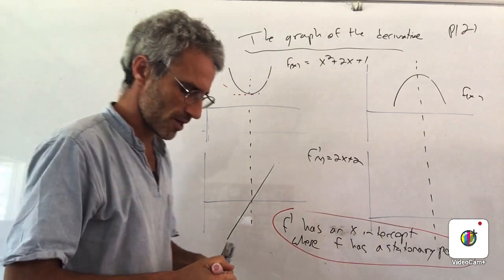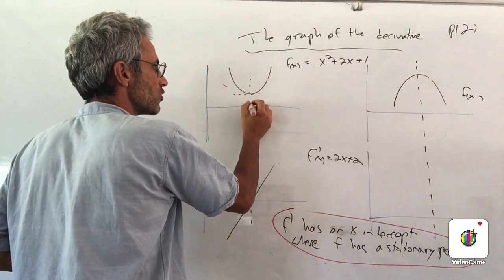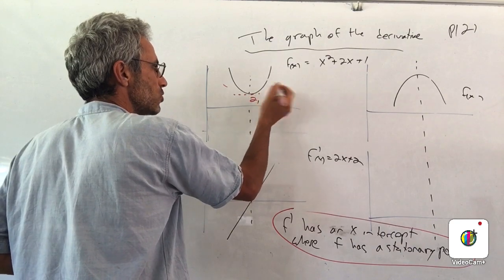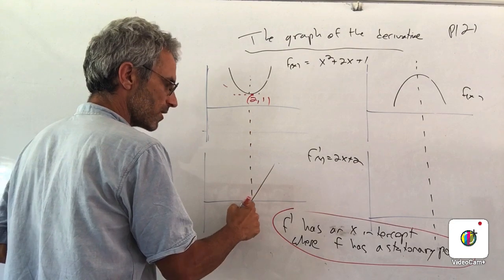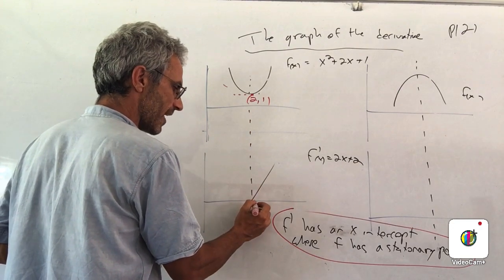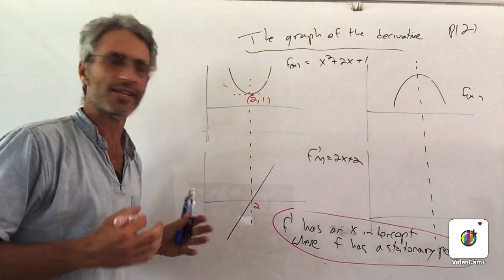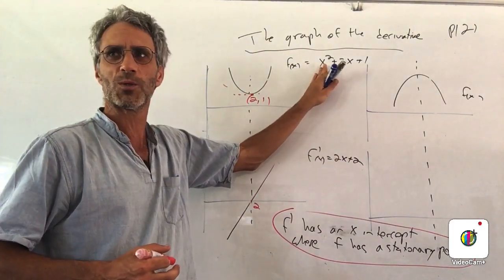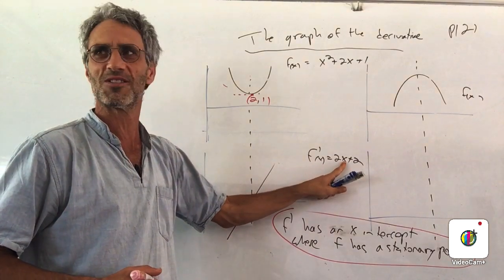Just to explain what Simon said. Simon said, if the x value of the stationary point is, let's say, 2, then that means the gradient here is going to be 0 at x equals 2. Obviously, what we wrote here is nonsense, because when x is equal to 2, this is definitely not 0, is it?